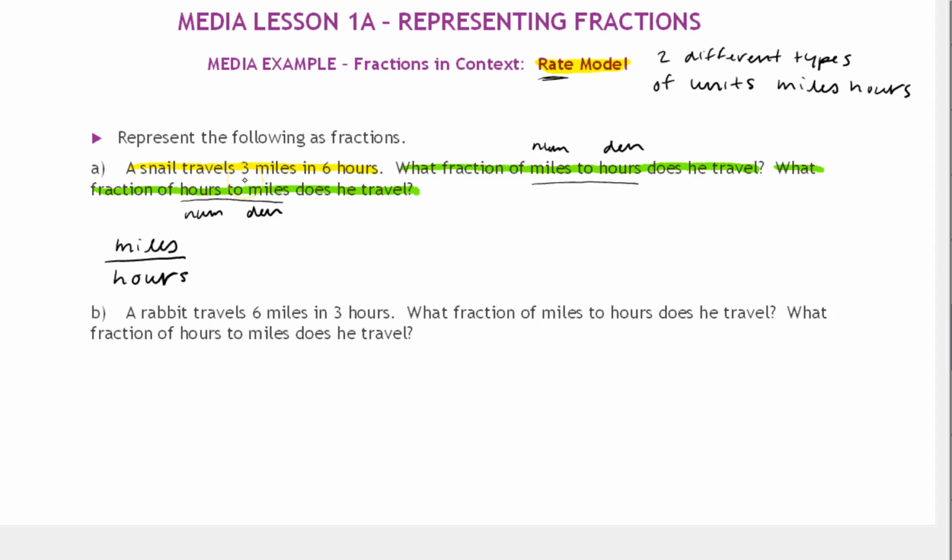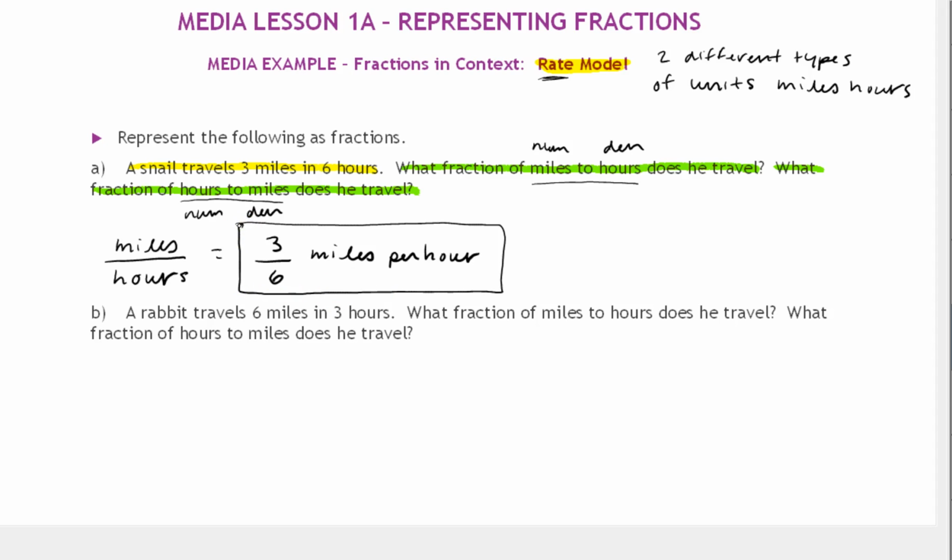So here, the snail, it's 3 miles in 6 hours. Okay, and I'm going to write my final unit as miles per hour. So this is our fraction. Again, notice we've made a different type of unit here.